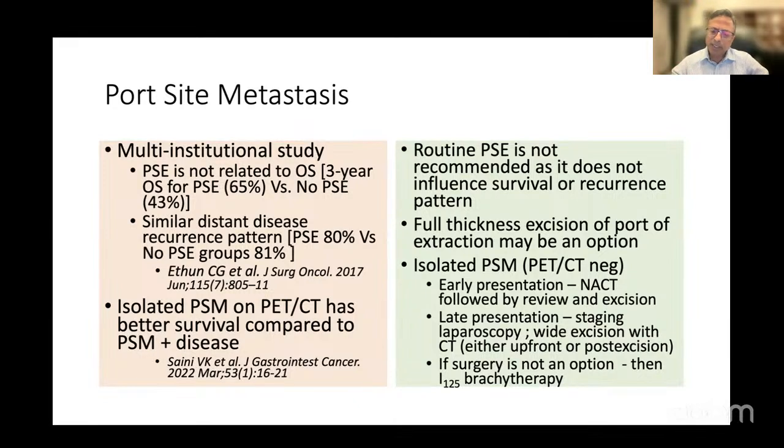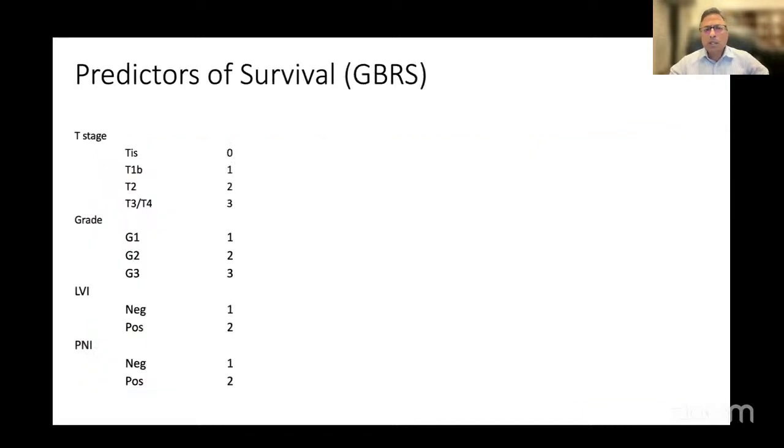And as a matter of fact, because of that discussion in the consensus meeting held in Jaipur, a publication on a meta-analysis and systematic review of port site metastasis is coming out from Dr. Kapoor's group.